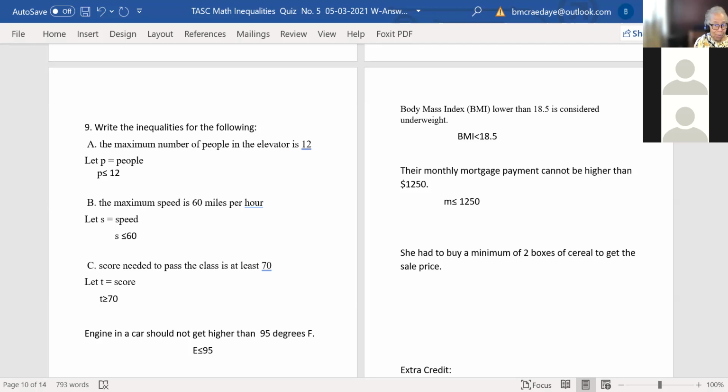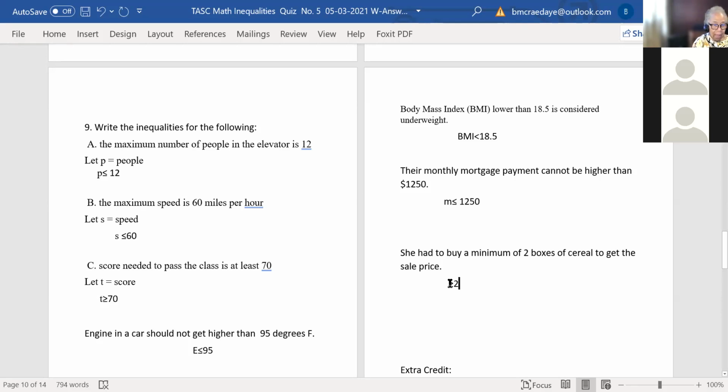No, less than 2 would be 1, but she has to buy 2. Okay. So therefore, it's greater than or equal to. That's right, greater than or equal. That would be the inequality symbol. And she had to buy a minimum, which is 2.